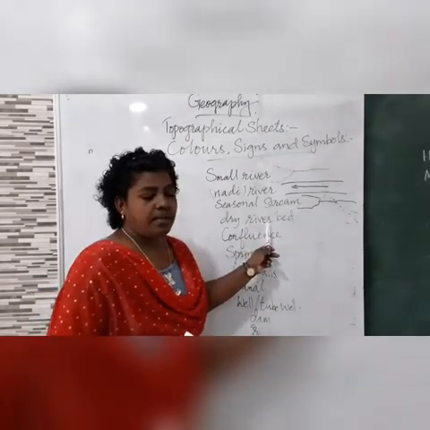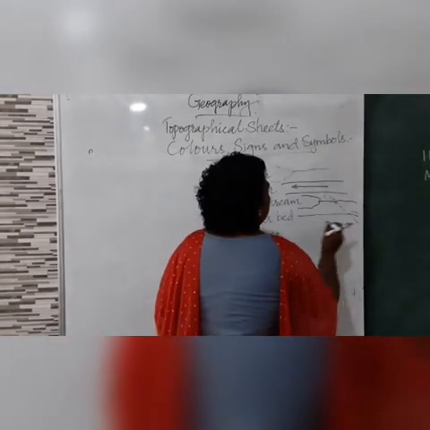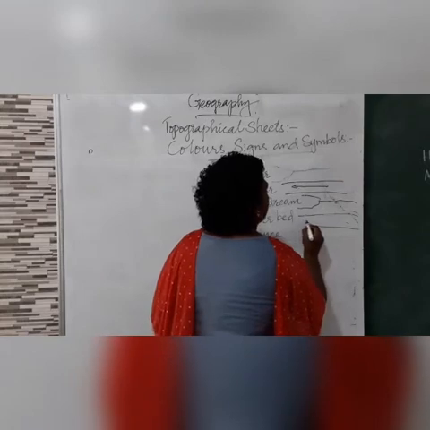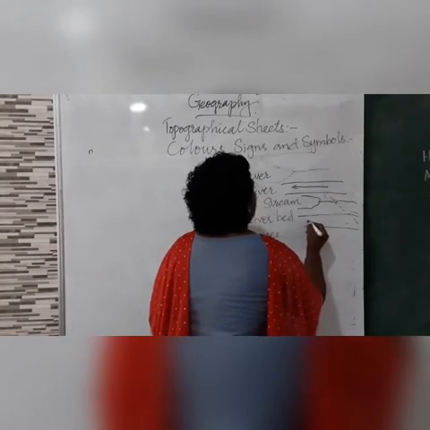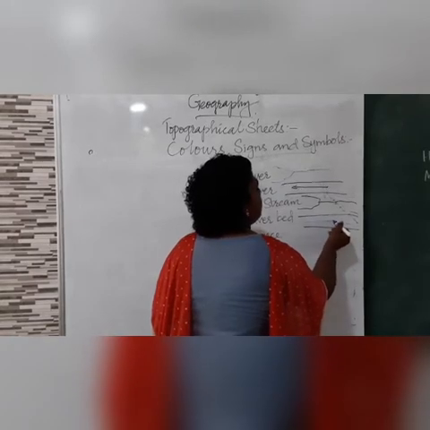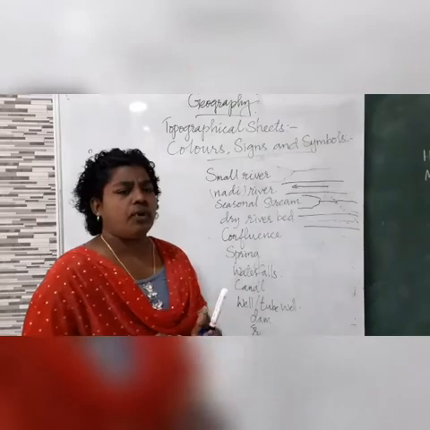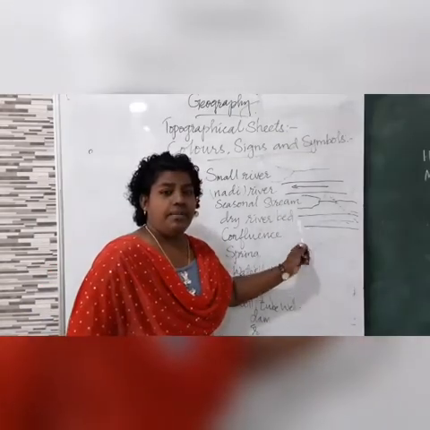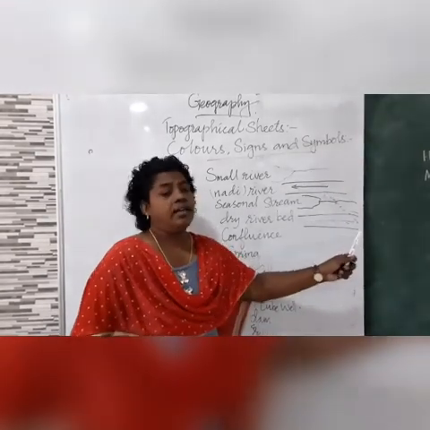And dry river bed, how is it drawn? The dry river bed is drawn with a black color, and there will be a little flow of water inside. This river also flows only during the seasonal rainfall. At other times the river bed will be dry, with only a little flow of water in the river.